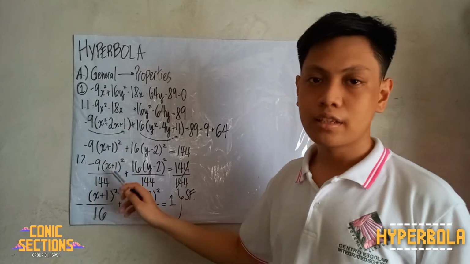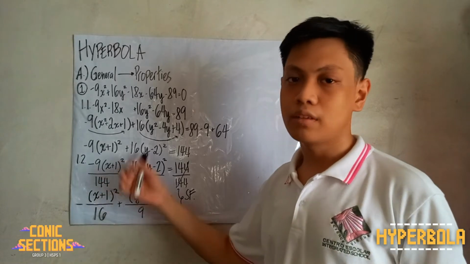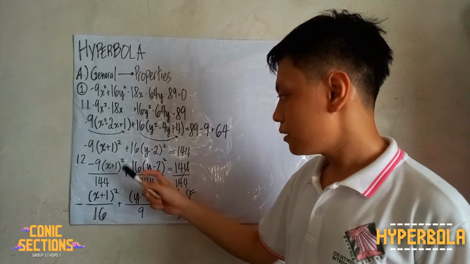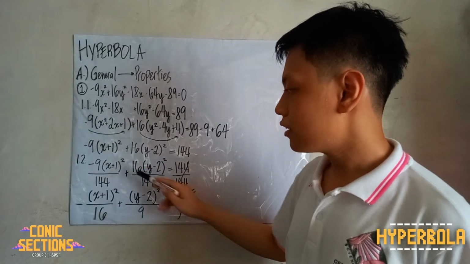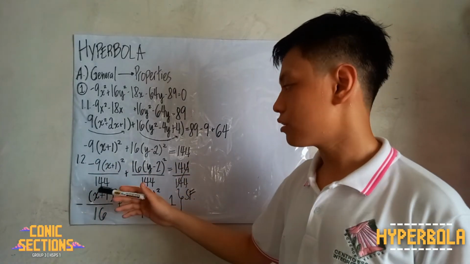A technique that I use in this part of the process in solving for the standard equation is to simply use the crisscross method. So 9 will be moved to here and 16 will be moved to this side of the equation.